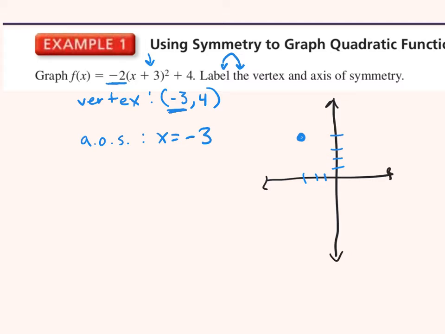Now to find other points on our graph, we need to plug in numbers. So what is a number we can plug in here to find another point on our graph?